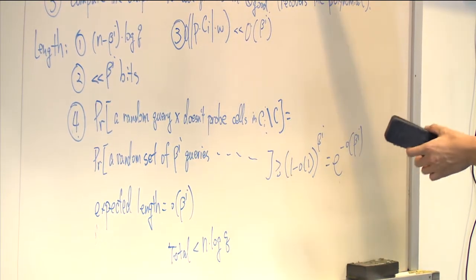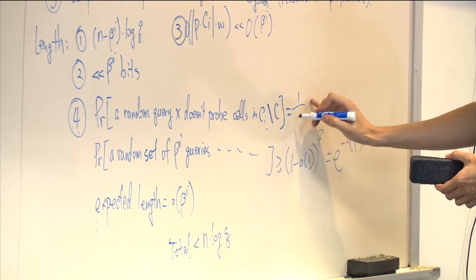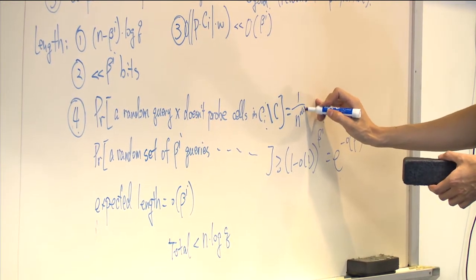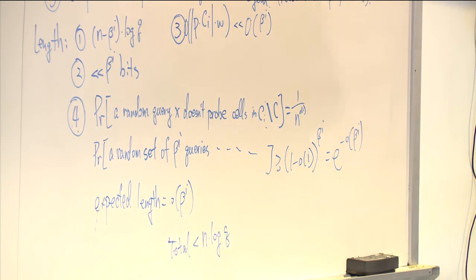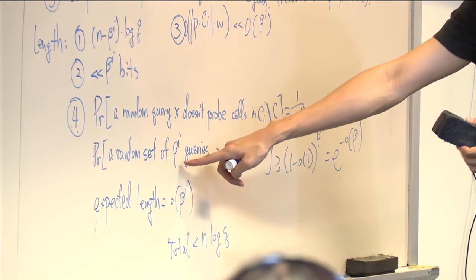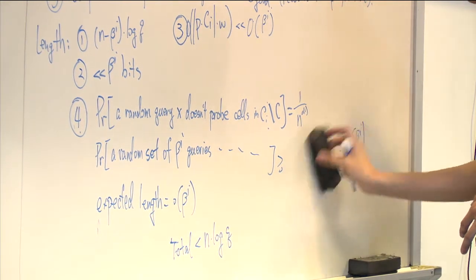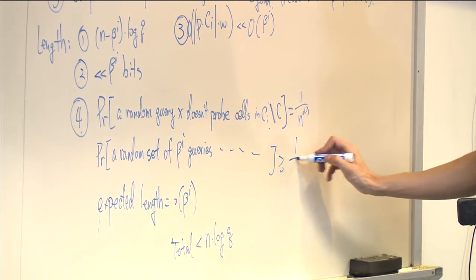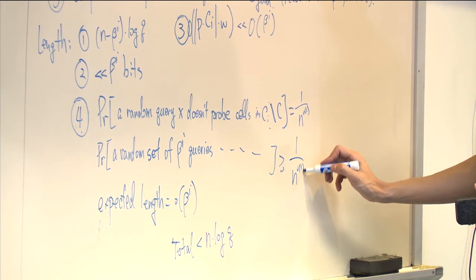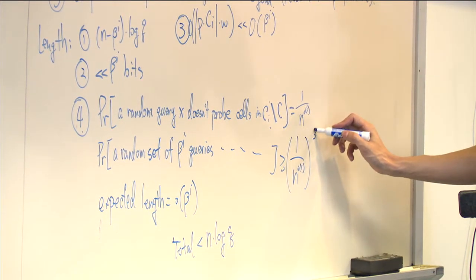So by the property of this cell sampling, this is 1 over n to the little o of 1, right? And now if we have a random set of beta to the i queries, the probability becomes 1 over n to the little o of 1, to the beta to the i.